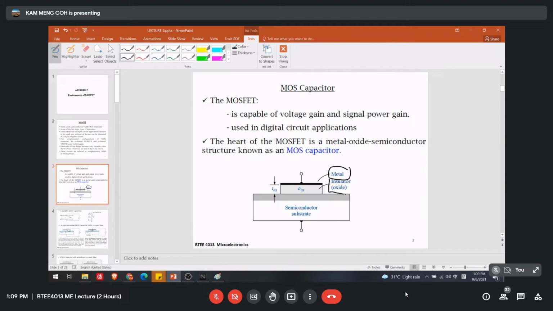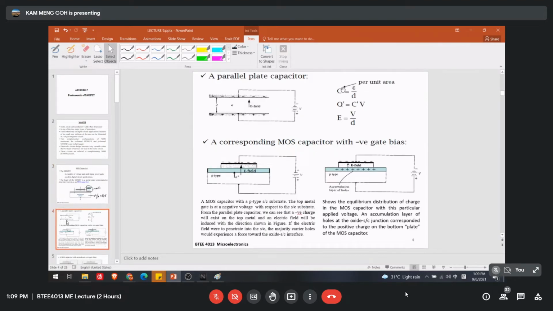You have an insulator, which we call an oxide layer. And this one is either an N-type or P-type substrate. But how does it look? Let's see what happens if you connect in reverse bias or forward bias. What will happen?